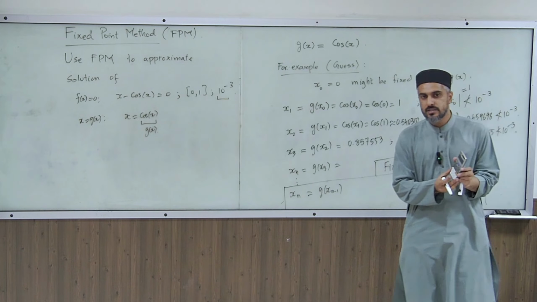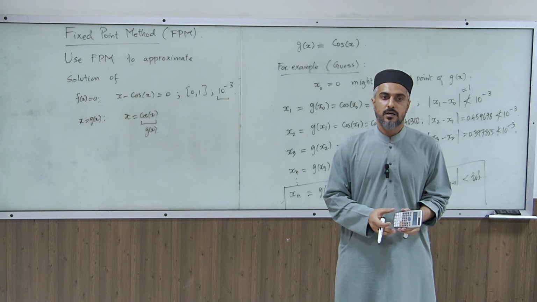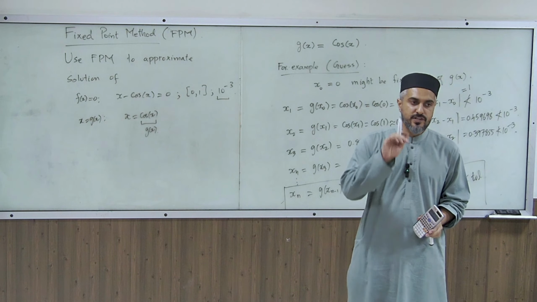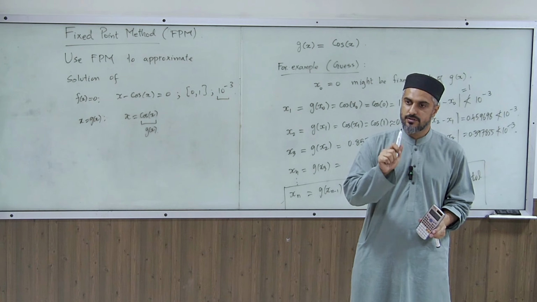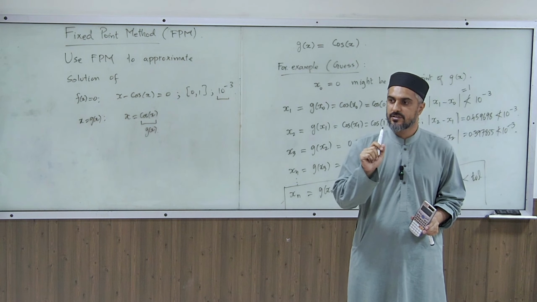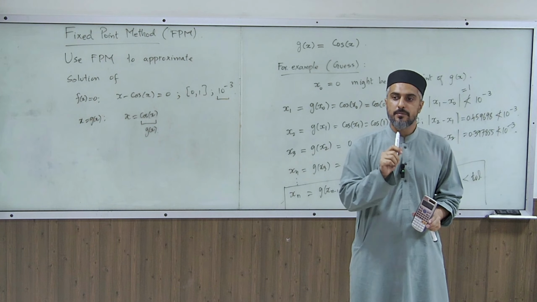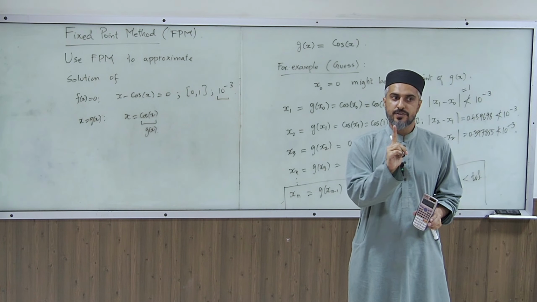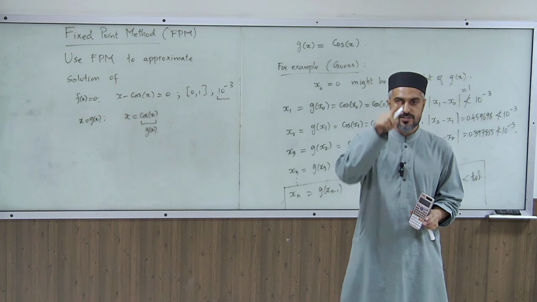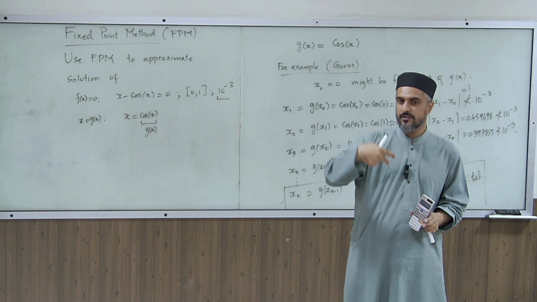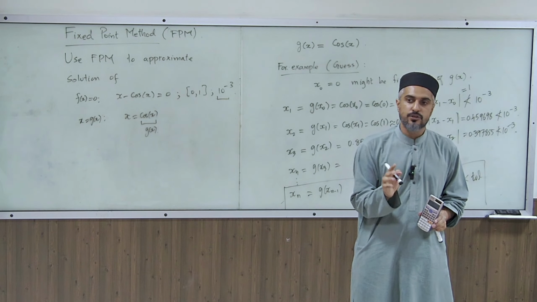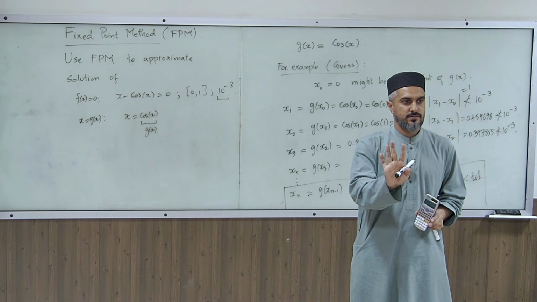You will see on your calculator screen that the first index will be fixed, then the second index will be fixed, then the third index will be fixed. If the first decimal matches and you subtract those numbers, you get 0 up to 1 decimal place.